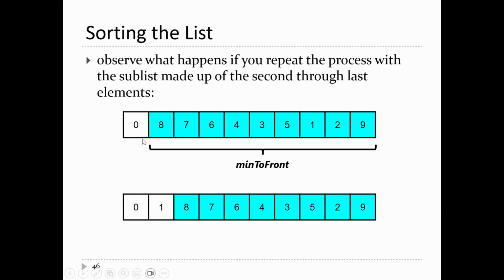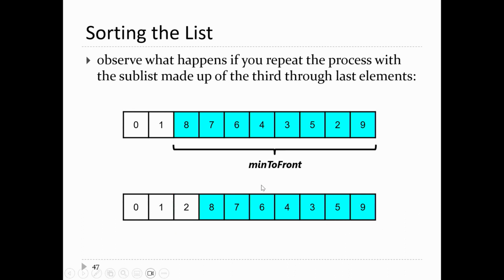So I call min to front on the original list, and I end up with a 0 at the front. And now I call min to front again, this time on the rest of the list. So what does that do? That ends up moving the 1 to the front of the sublist, so I end up in this picture here. Now I call min to front on the rest of that list.